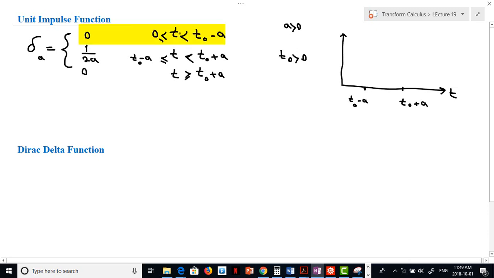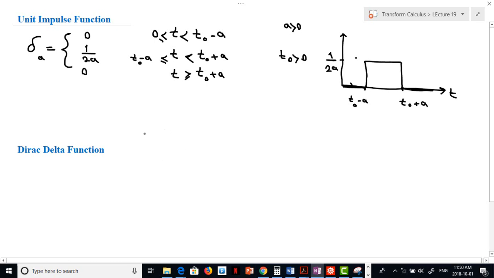When t is between 0 and t0 minus a, the function is equal to 0. Then when t is between t0 minus a and t0 plus a, it's equal to 1 over 2a. And after t0 plus a, again it's equal to 0.